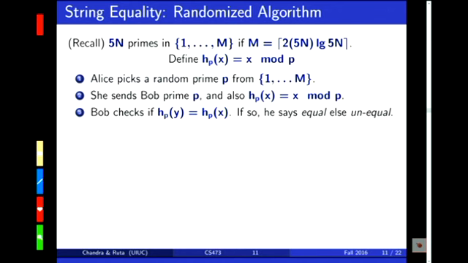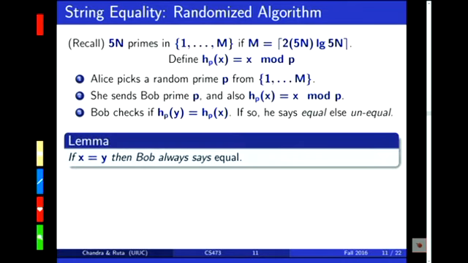Now what one-sided error could he make? Can he say unequal when x and y are equal? No, because if x and y are actually equal, then hp of y will be hp of x, and he will correctly say yes, equal.